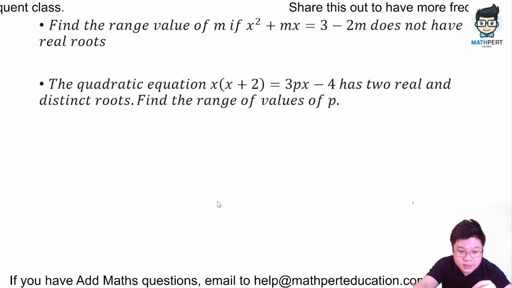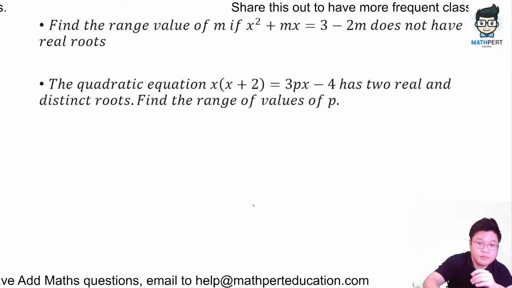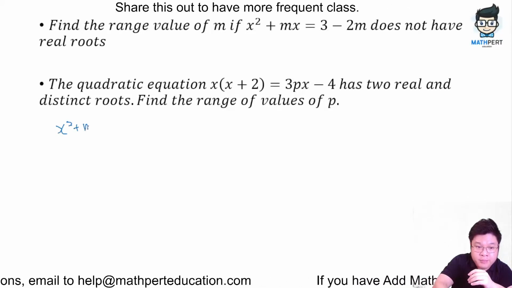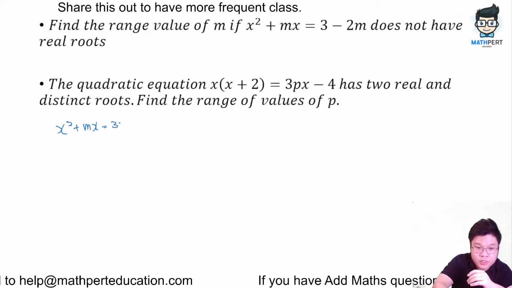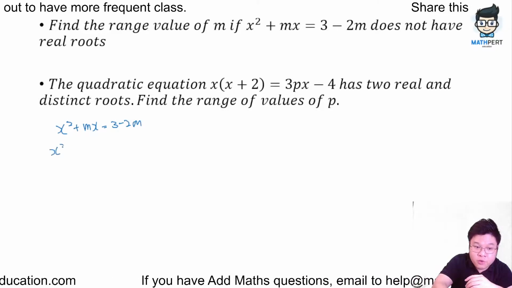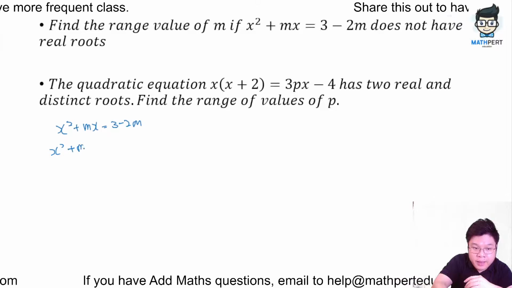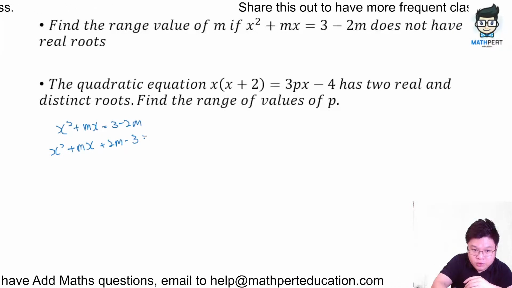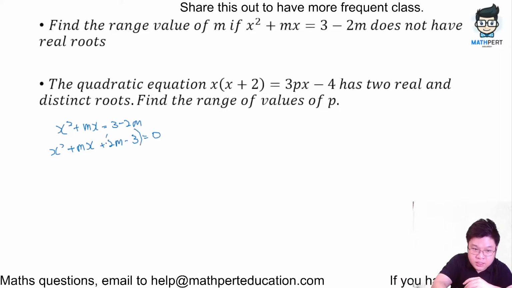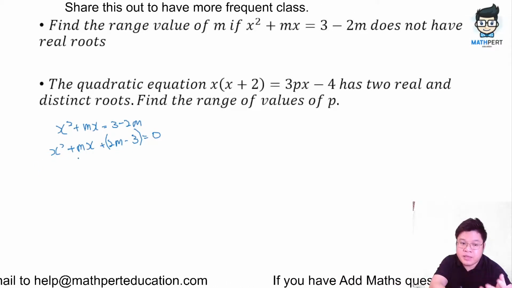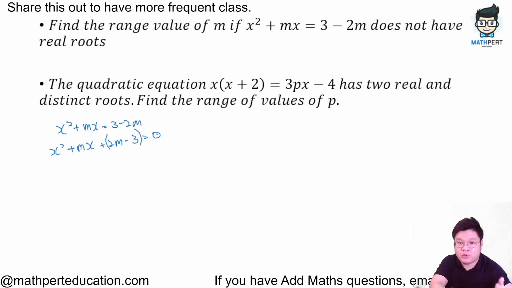So let's see. x squared plus mx equals 3 minus 2m. We rearrange it, we get x squared plus mx plus 2m minus 3 equals 0. So this is the c. My a is 1, b is m, c is 2m minus 3.